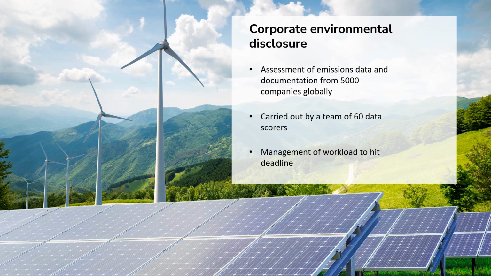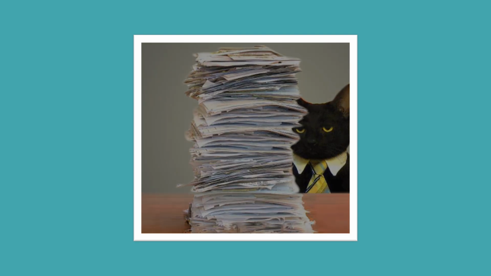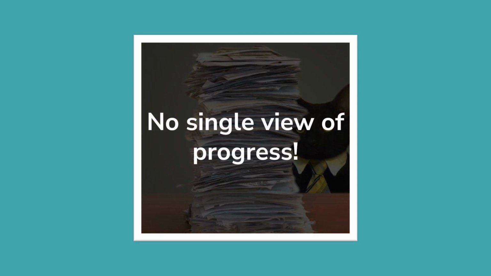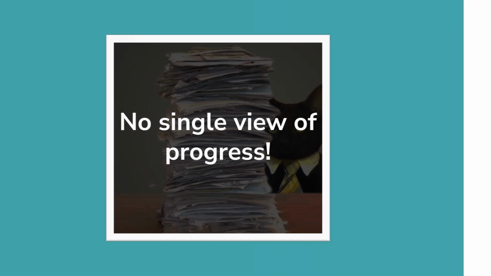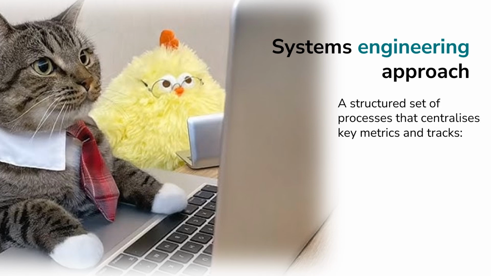At the beginning, the data lived in spreadsheets, reports, and sustainability documents. There was no single view of progress, no way to see what was complete, what was missing, or where the risks were. Using a systems engineering approach, we implemented a structured set of processes, which fed into reporting dashboards that centralized all key metrics.